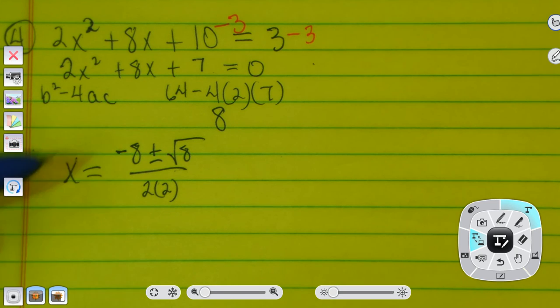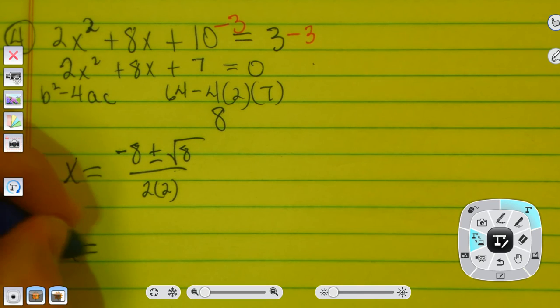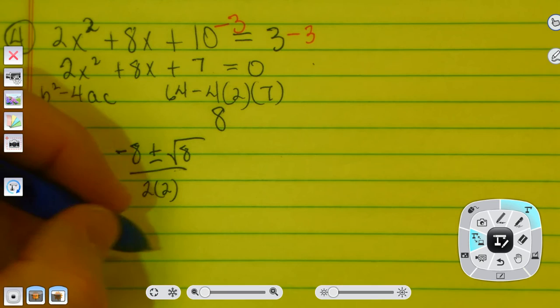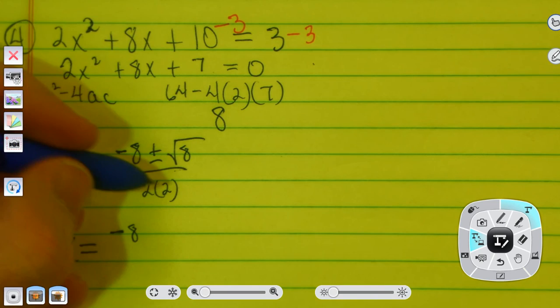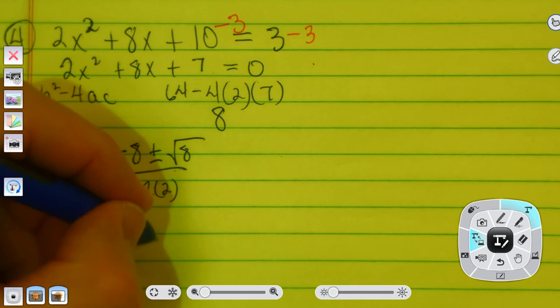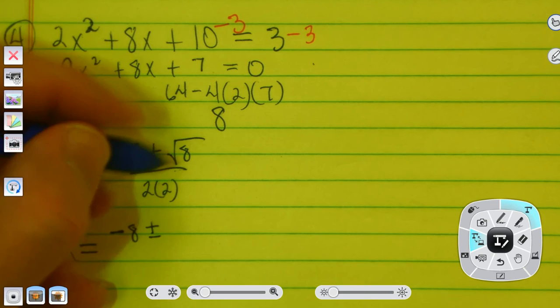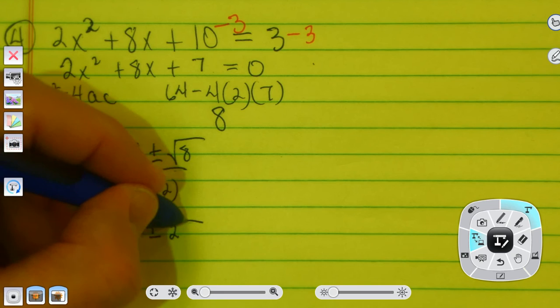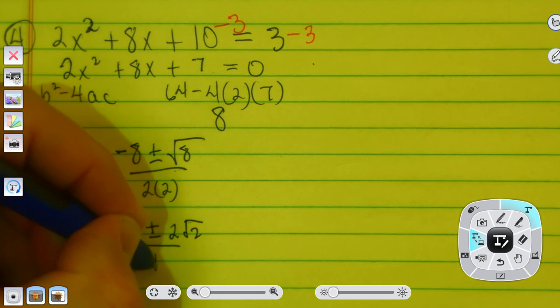We already know that I can get decimal answers using the quadratic formula. I'm going to simplify this radical because you might see a multiple choice answer that was a radical. So 8 is 4 times 2, so this is 2 radical 2 over 4.